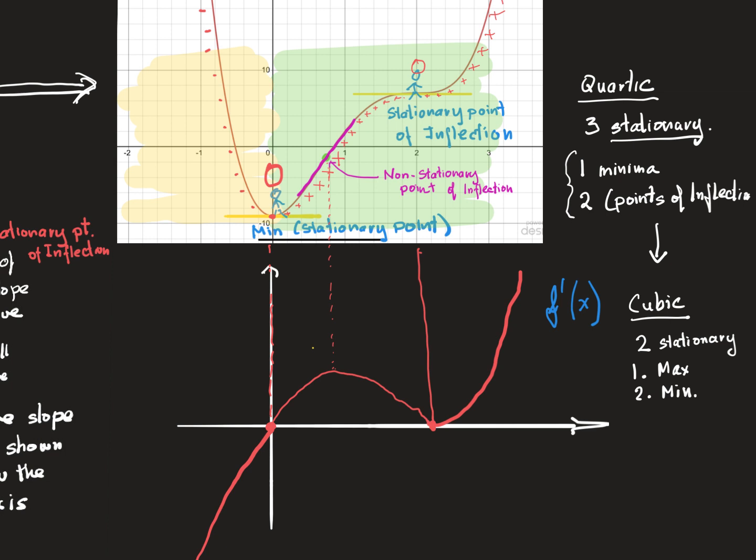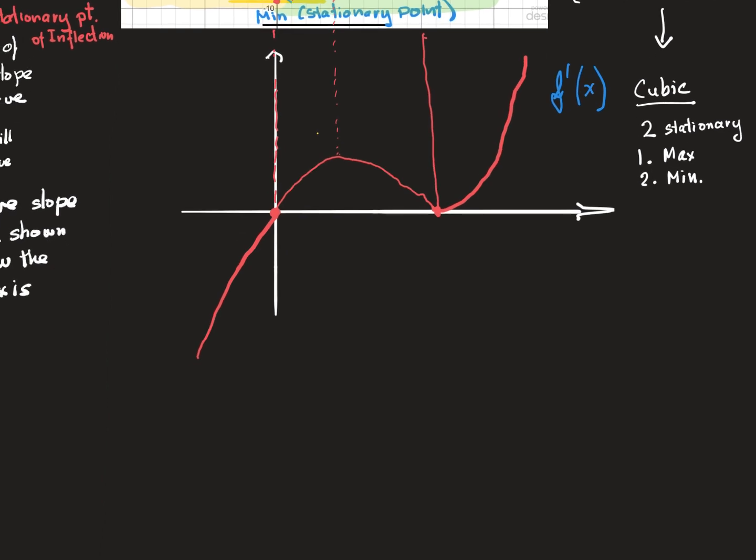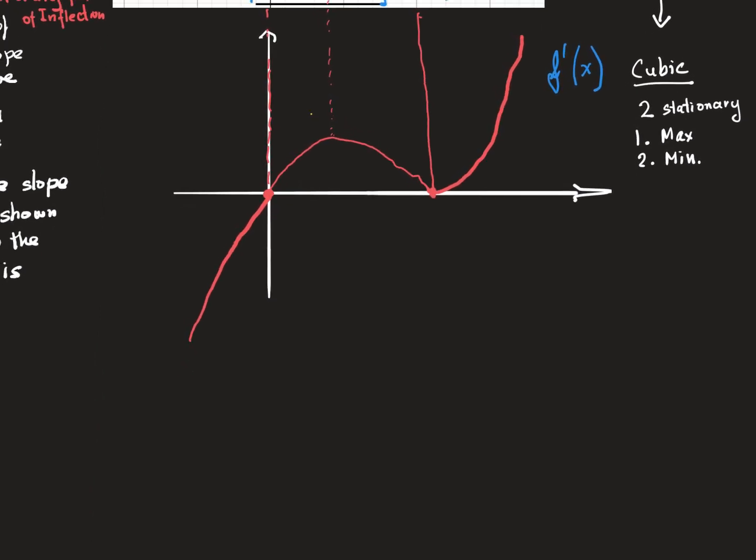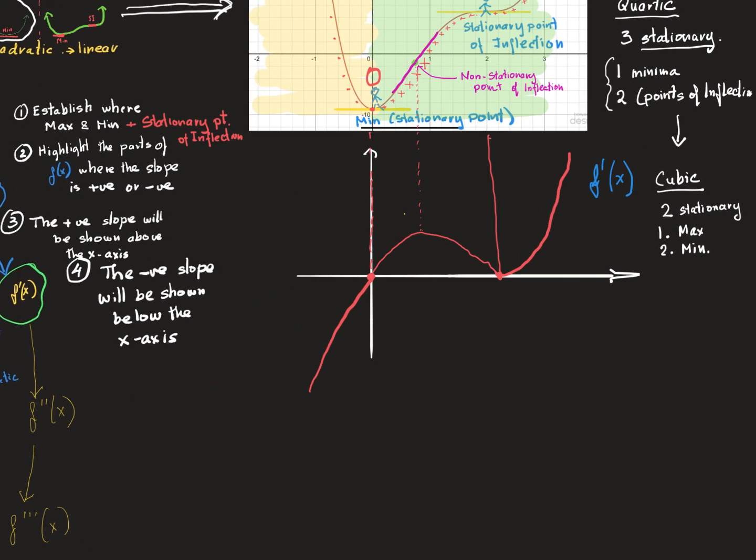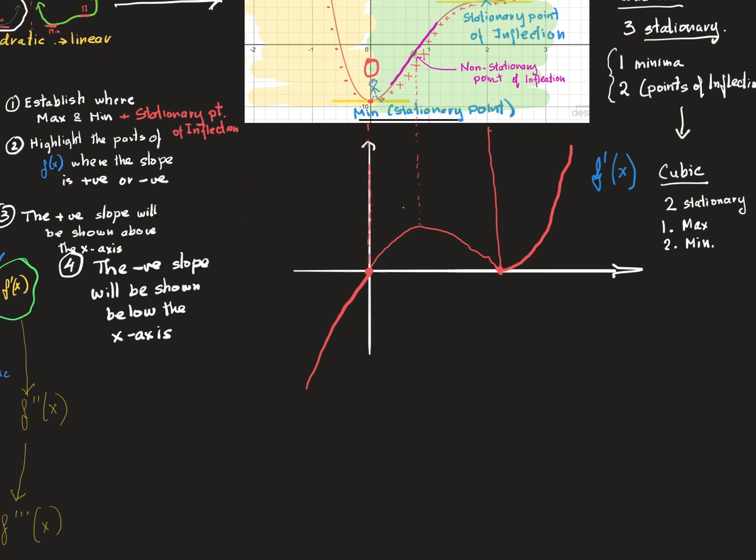That's what we have. So we now need to draw the derivative of that derivative, as we said before, we need to establish where the maxima and minima are. In this case here, the maxima is here and the minima is over here.